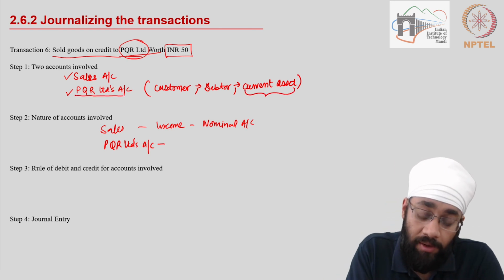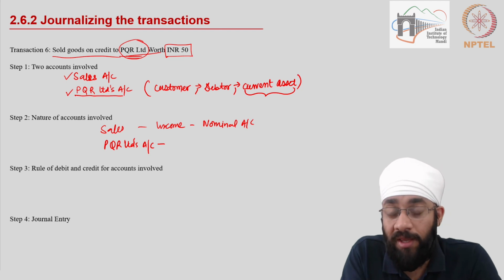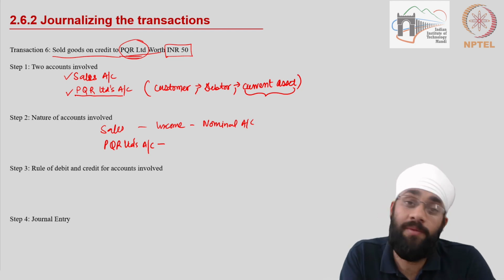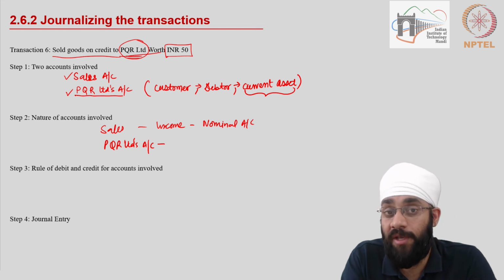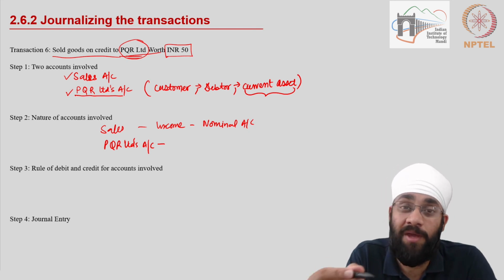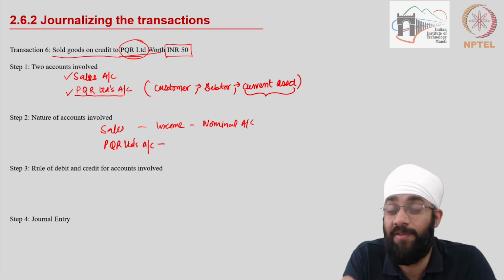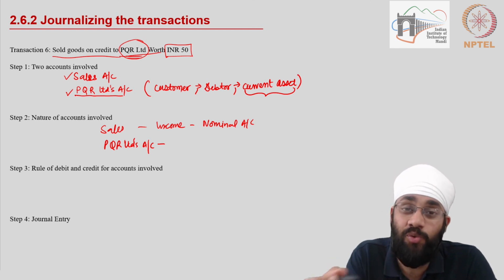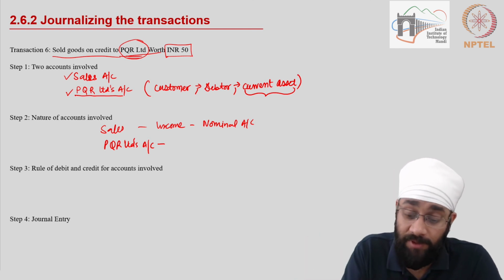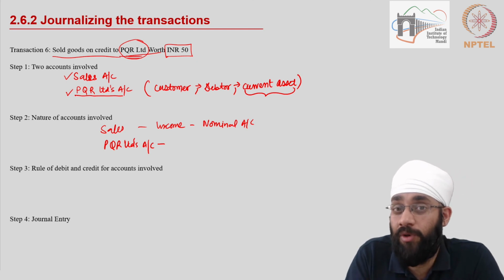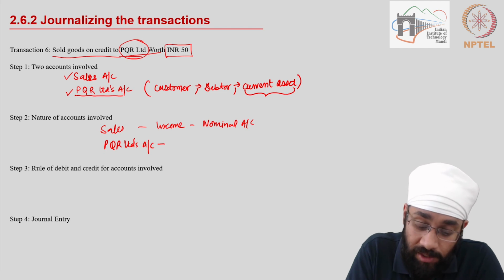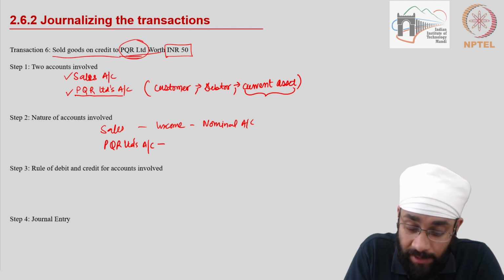The PQR, although is an individual, he owes the money to the business. The business transferred the possession of goods to this customer. Now the customer is liable to pay back to the business. If the customer does not, then business can sue the customer and take help of legal machinery, as we said. So this is a current asset. You expect to recover this money within next 1 year. PQR Limited, this becomes an asset.